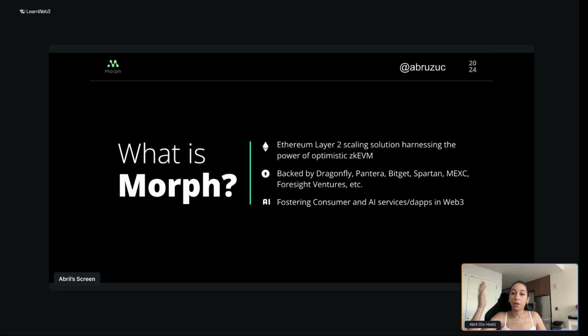So basically, what is Morph? We are an Ethereum layer 2 scaling solution harnessing the power of an optimistic zkEVM, and our main vision is to redefine the blockchain landscape with a clear focus on the consumer. So I will say we're really focusing on bringing consumer applications to our chain right now. We are prioritizing the needs and experiences of users, ensuring that our platform is intuitive, efficient, and beneficial for everyday use.